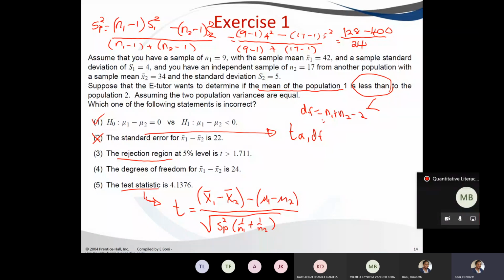So for our degrees of freedom, 9 plus 17 minus 2 is 24. So our T alpha, they told us a 5% level of significance, therefore alpha is 0.05 and the degrees of freedom of 24.